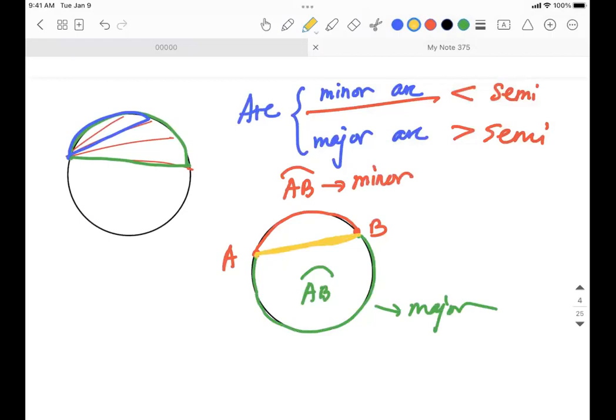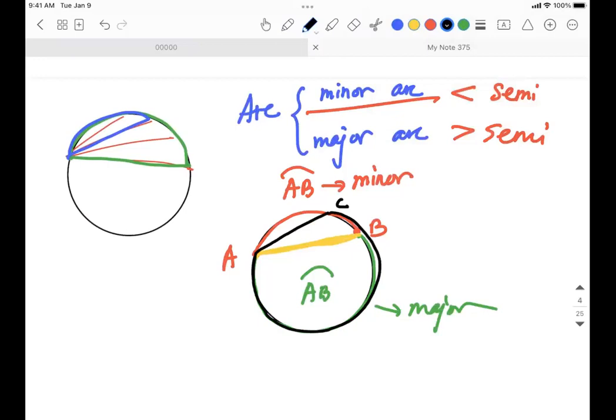Maybe in that case, let's try to think about it. If we talk about the major arc, major arc AB is the green one, and AB is my chord. What if I find another arc? This is AC. My major arc is here. My AC arc is actually bigger. If we're talking about the major one, my AC arc is bigger than my AB arc. However, my AC chord is actually smaller than my AB chord. Make sense?